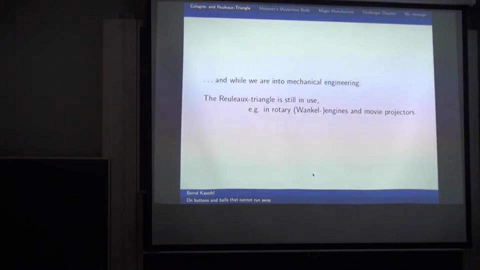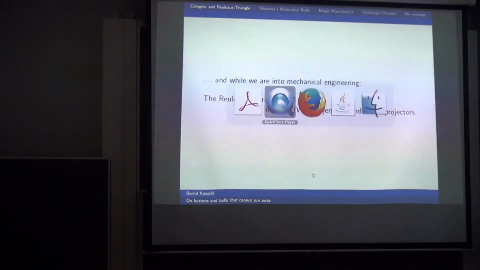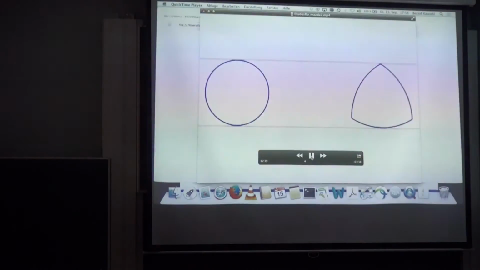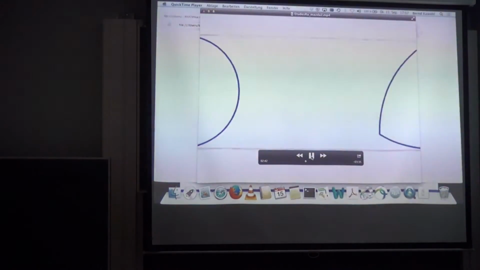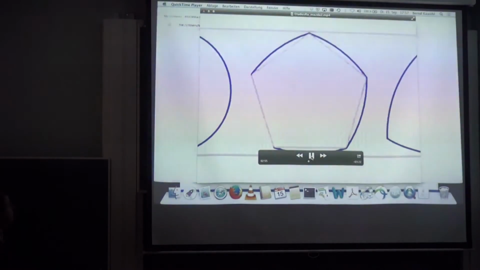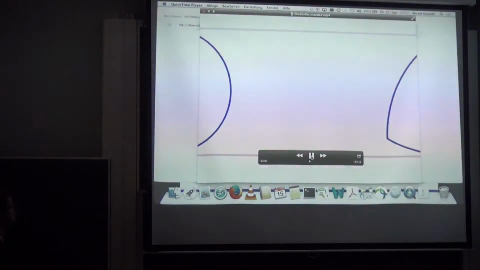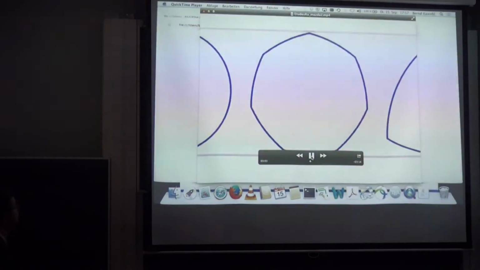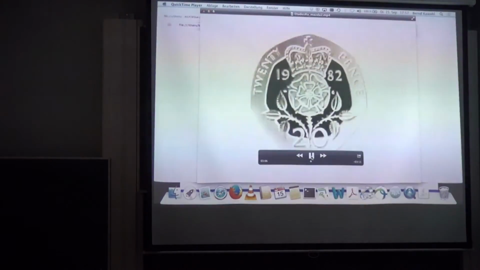Yeah, the Reuleaux triangle is also still in use in rotary engines and in movie projectors. And let's see how these work. So by the way, here we see again a little bit about construction of sets of constant width. One with 7 corners.